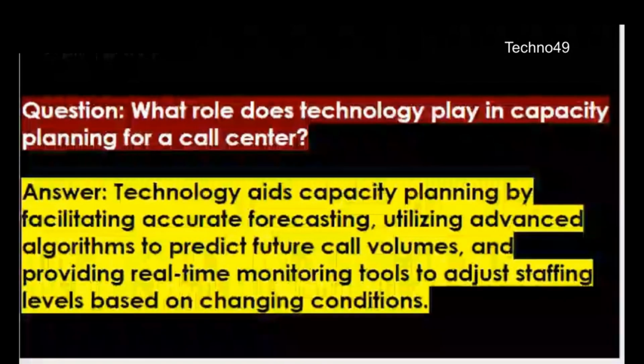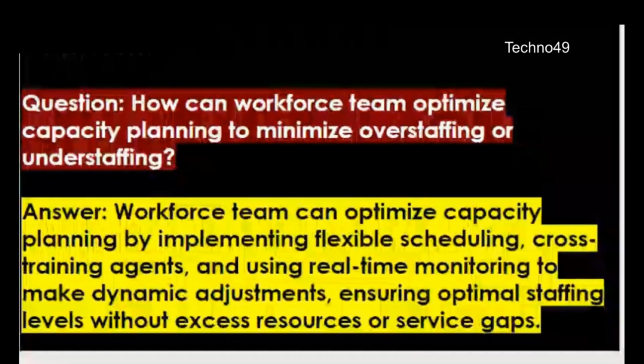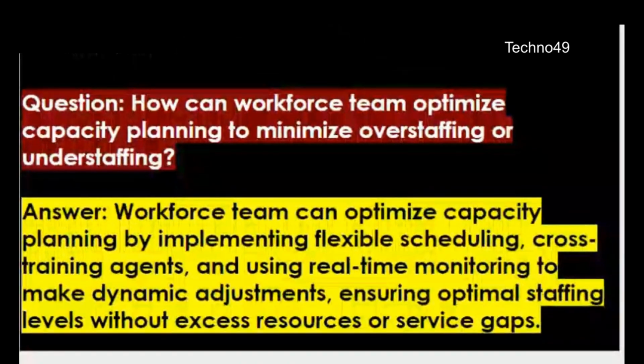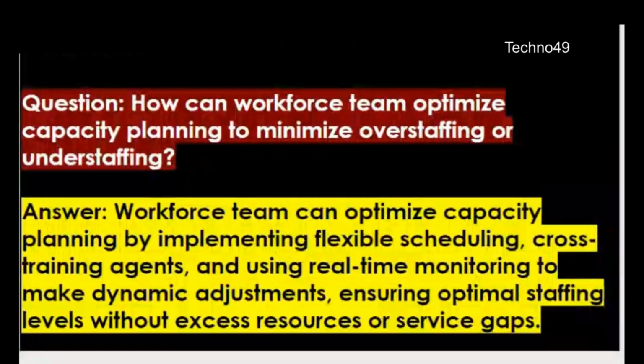Next question: how can the workforce team optimize capacity planning to minimize overstaffing or understaffing? You can provide the answer: the workforce team can optimize capacity planning by implementing flexible scheduling, cross-training agents, and using real-time monitoring to make dynamic adjustments, ensuring optimal staffing levels without excess resources or service gaps.